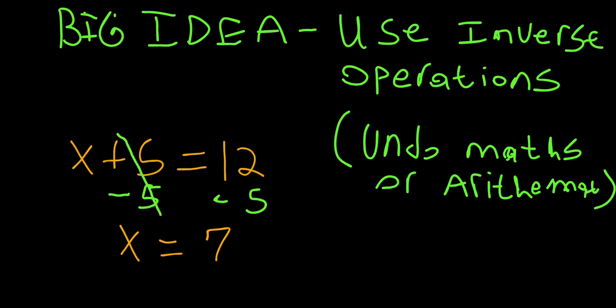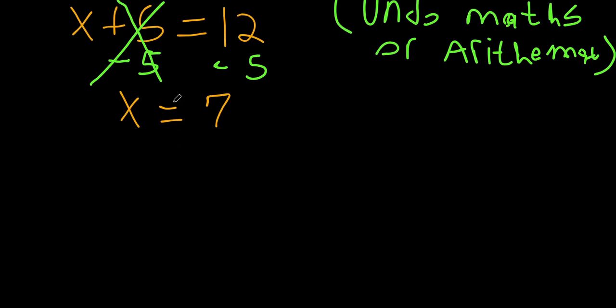The plus 5 on this side was canceled out by the minus 5. Okay, great. We just solved an equation. We solved for the variable x by using inverse operations. Let's move down to another example or two.